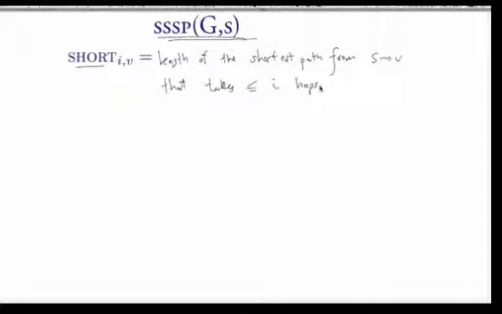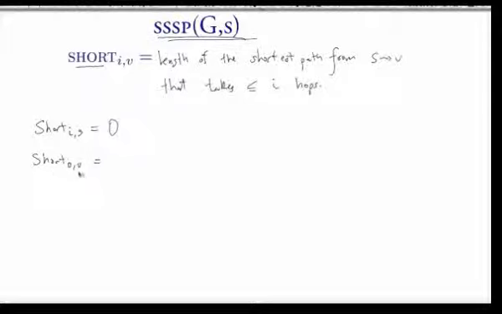With your neighbor, write an equation that describes it. Of course, to initialize this, short(i, S), where S is the source, is always going to be 0.